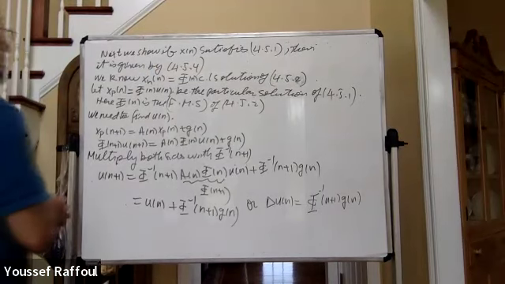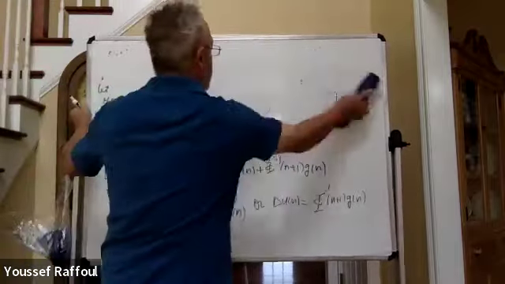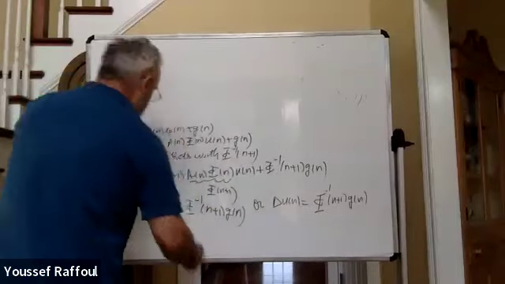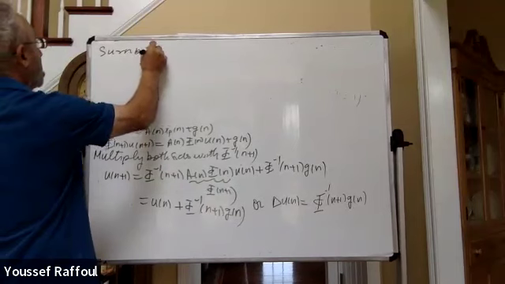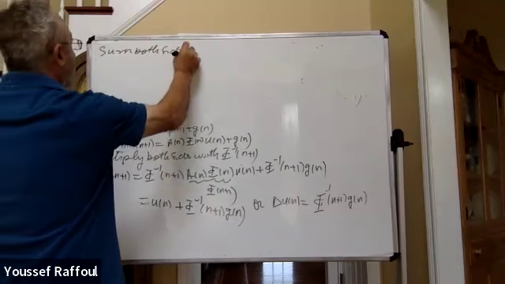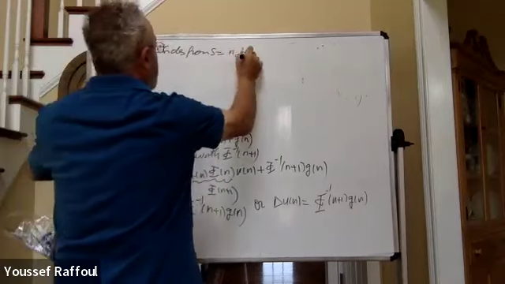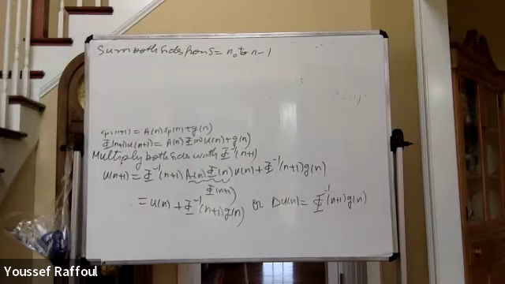Sum both sides from s equal n naught to n minus 1. Okay?